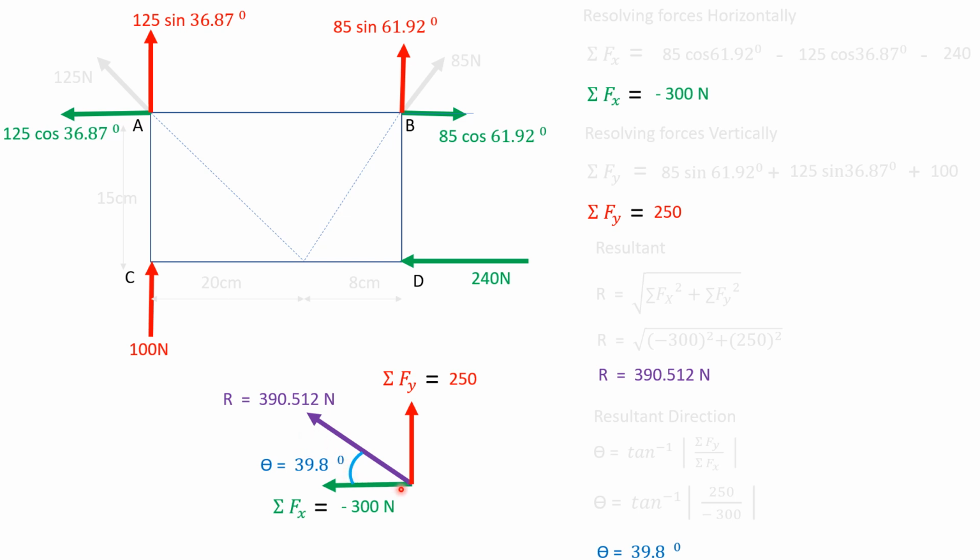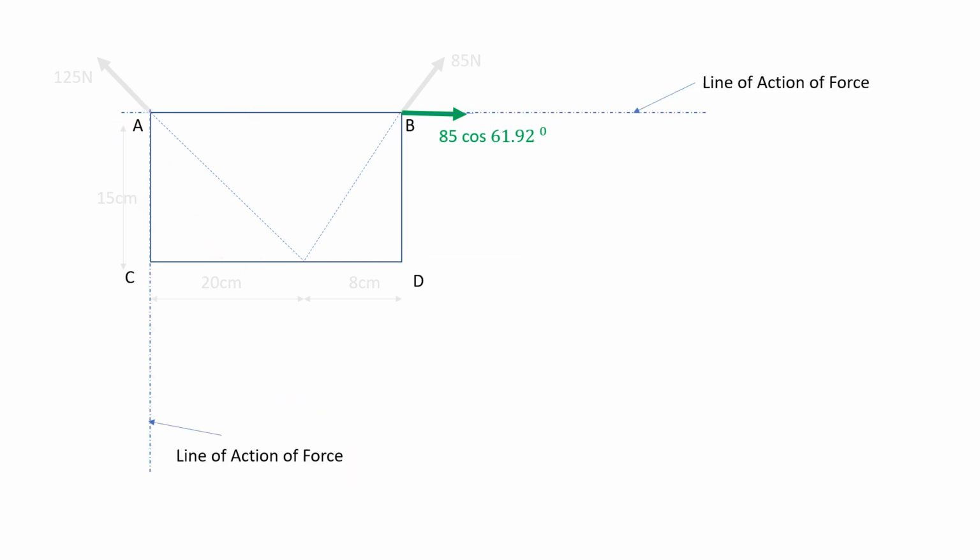We know the resultant lies in the second quadrant, but to locate the exact position with respect to one of the edges, we have to take moment of all force components about one reference point.